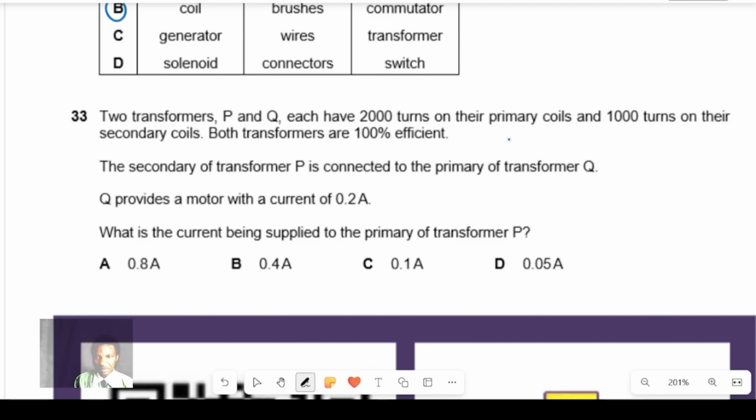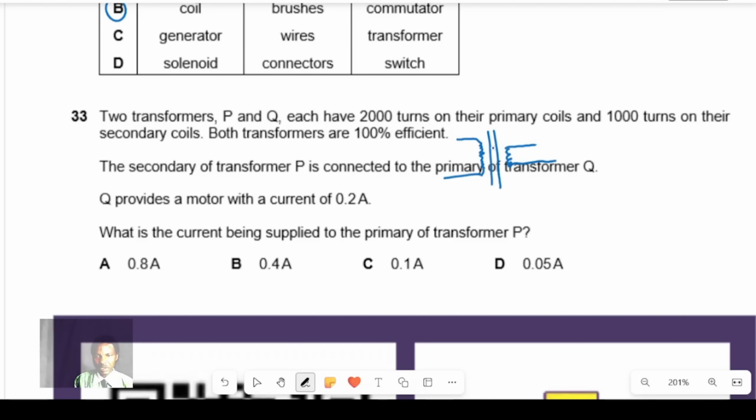So this is the diagram we have here. We have this transformer, then connected to this transformer here.